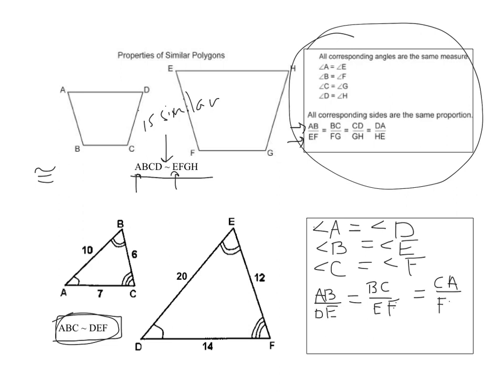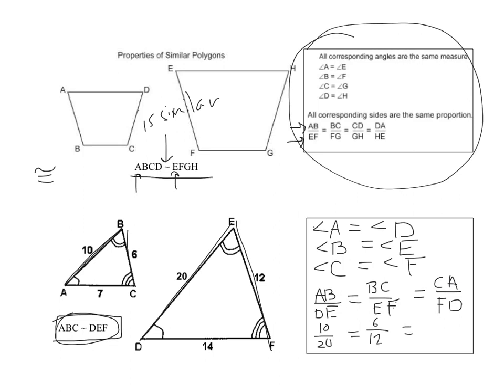So let's put numbers in here and see how this works out. AB, we look over at our triangle, AB is 10, and that is going to go over DE, which is 20. And then BC, which is 6, would go over EF, which is 12.